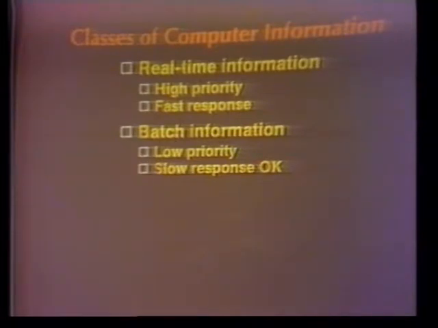Now, being mostly computer people here, I'm sure you know these two classes of information. Not all users understand what they are, but we know them as real-time and batch, and this is a very common couple of classes of information that we've had in the past. This is the way we've been delivering most of our information to users.